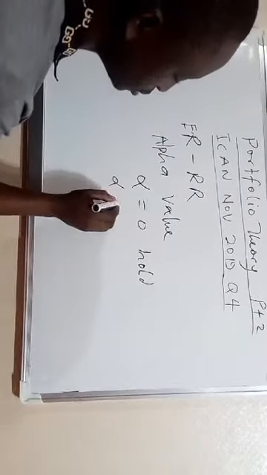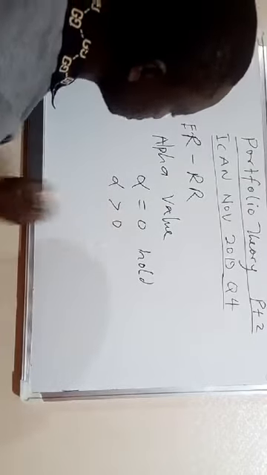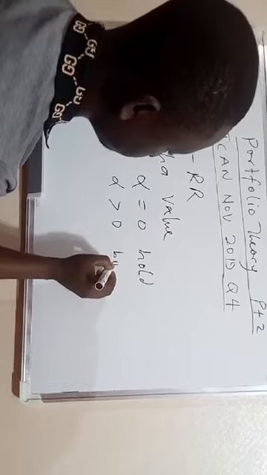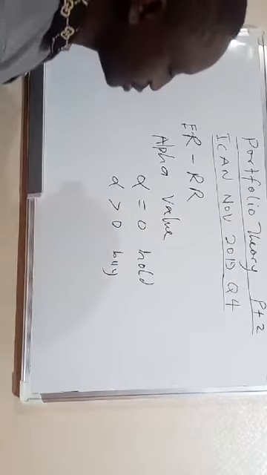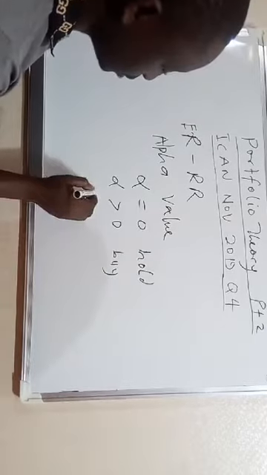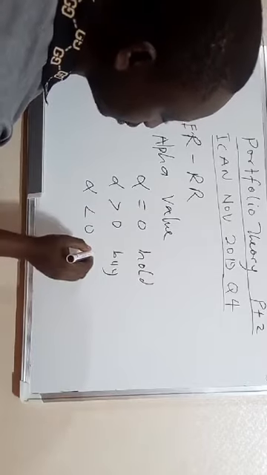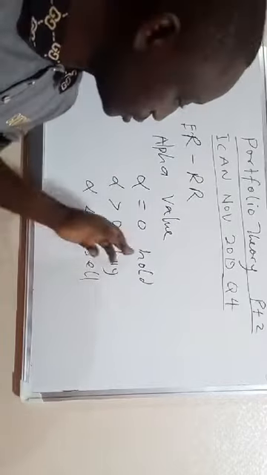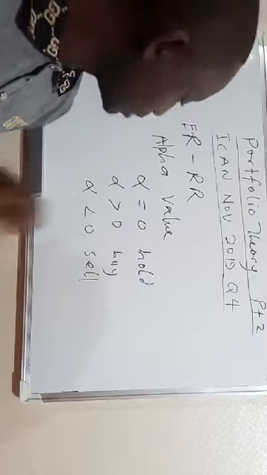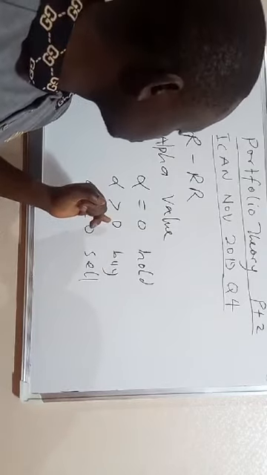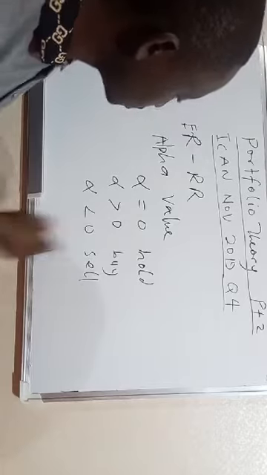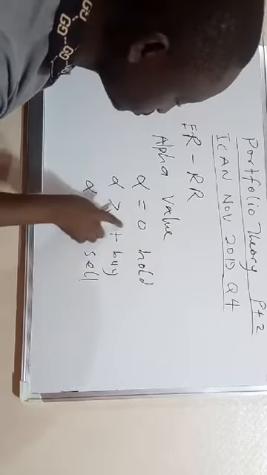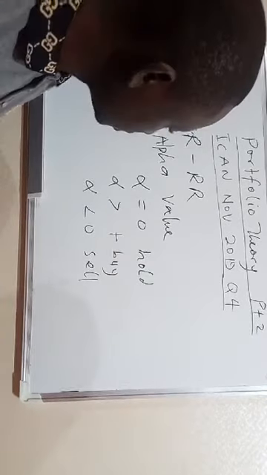If the alpha value is greater than 0, meaning it is positive, then we can say it is undervalued, so you buy.